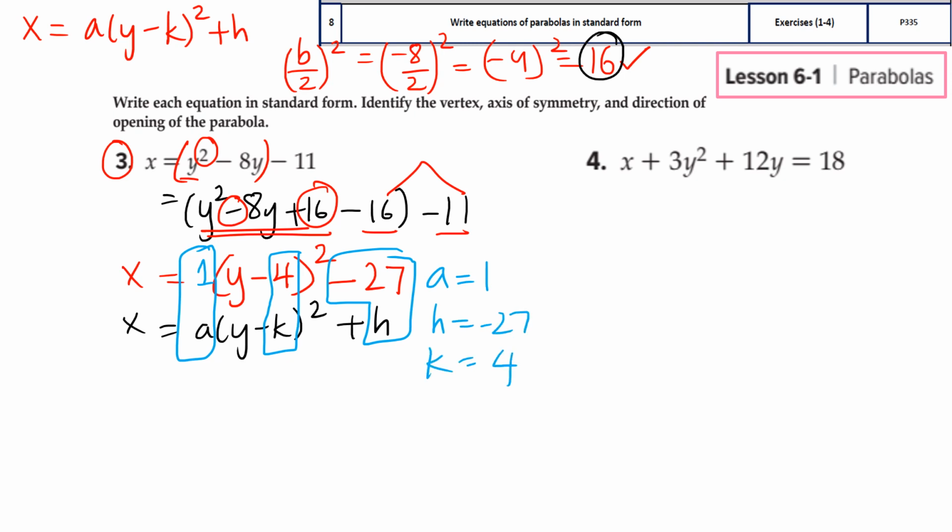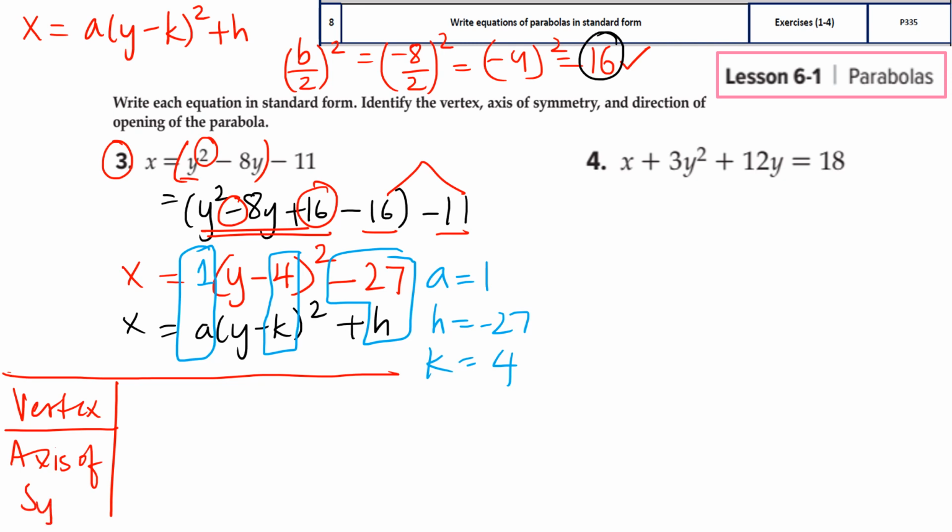So what's my vertex, axis of symmetry, and direction? Now if you want, you can make the table here. So vertex, axis of symmetry. Let's do this one first. So h comma k means h is minus 27 comma 4. So that's your vertex. Now axis of symmetry is given by y equal to k.